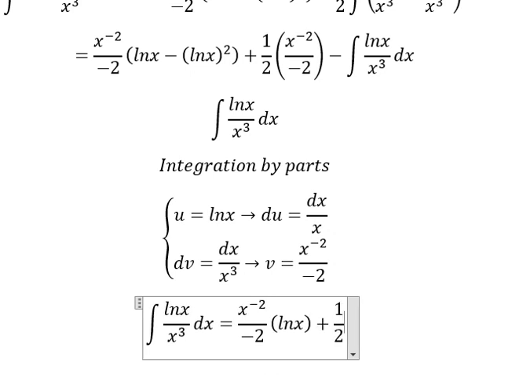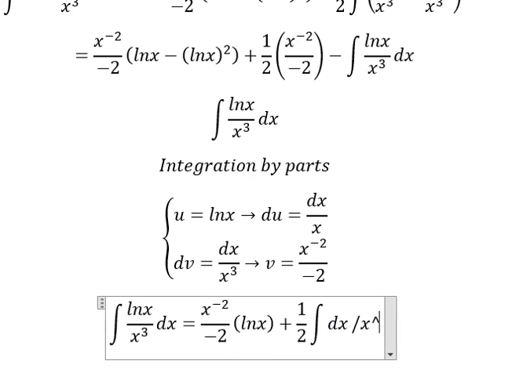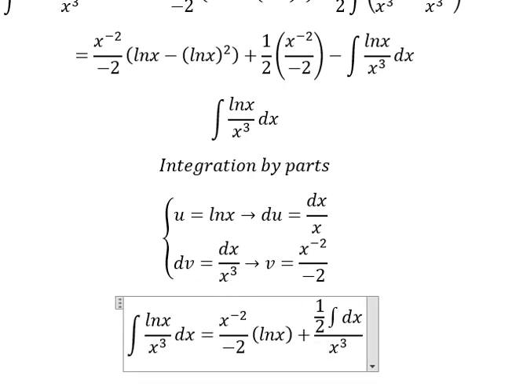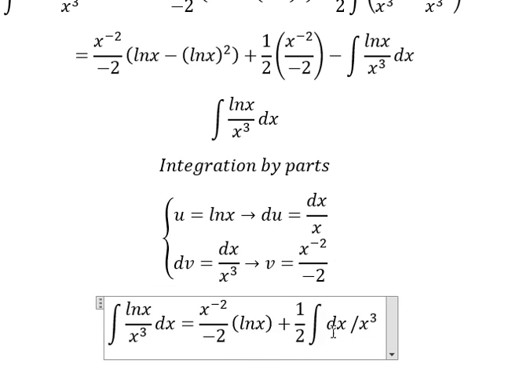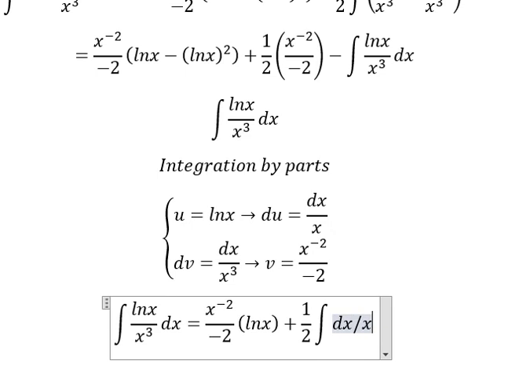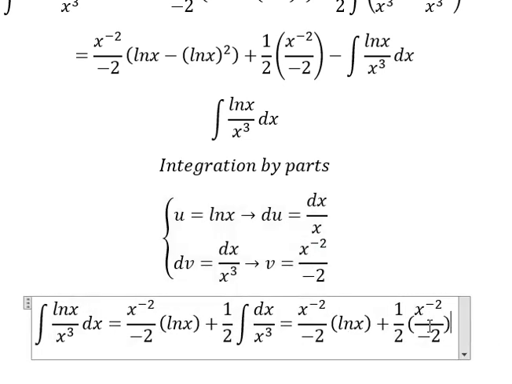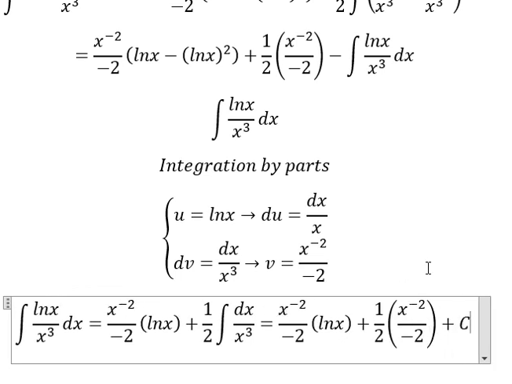And we have the integration of 1 over s to the power of 3. And we know that this integration is this one. And we put plus c.